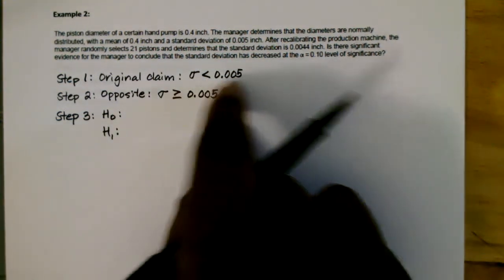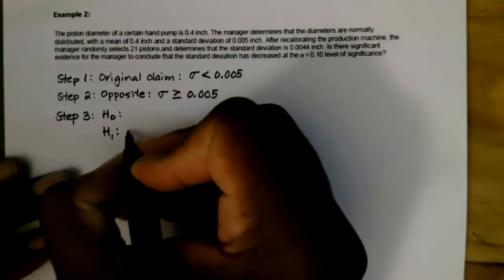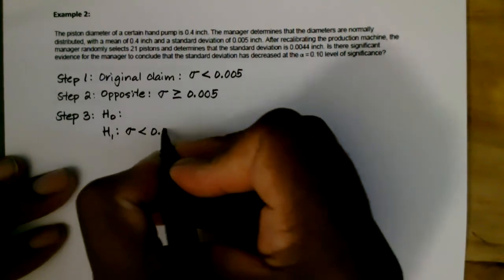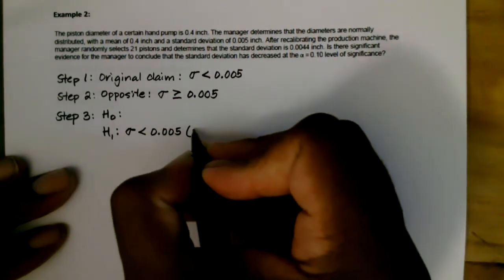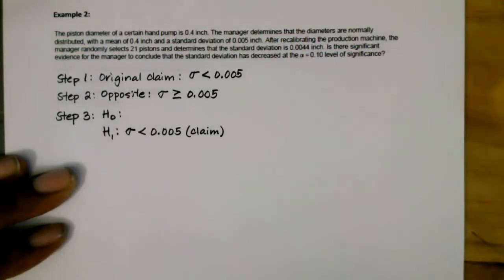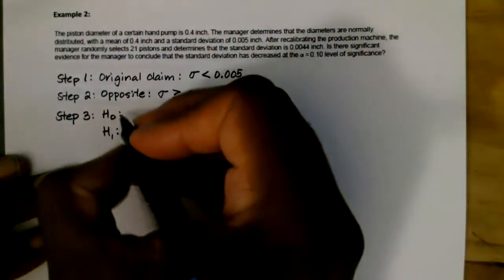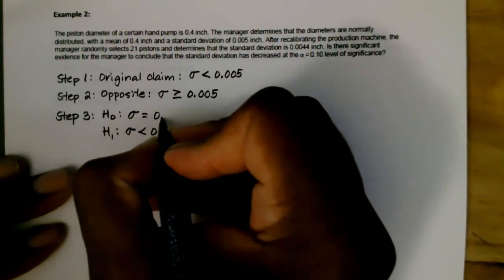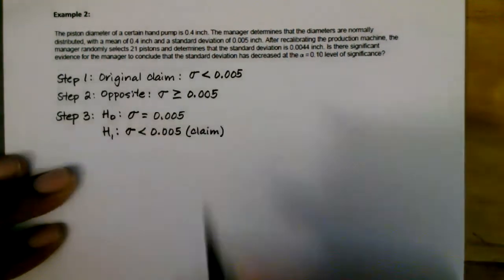So this statement of sigma being less than 0.005 will be your alternative hypothesis, and that's also the claim. The null always has the equal to sign, so it'll be sigma equals 0.005.